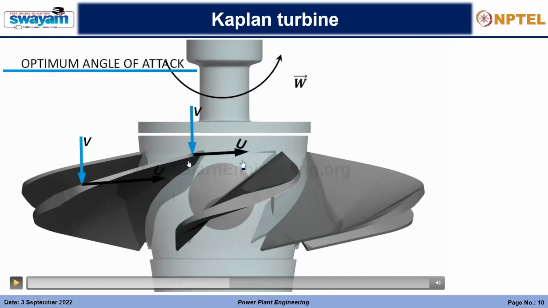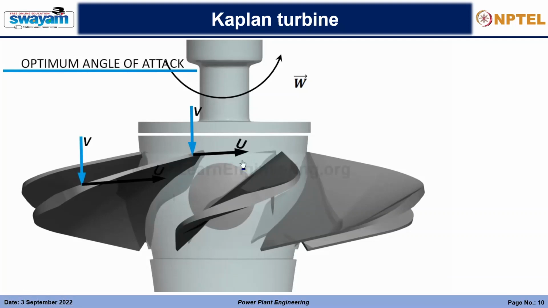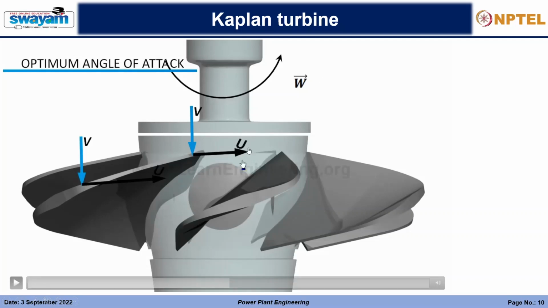What it means here is that this is the tip and this is the root; the root is connected to this hub, and the tip is the further end of the blades. As we move radially outwards from the hub, the speed of the blade will increase. The speed in rpm is constant, but at different diameter positions the speed depends upon the diameter.